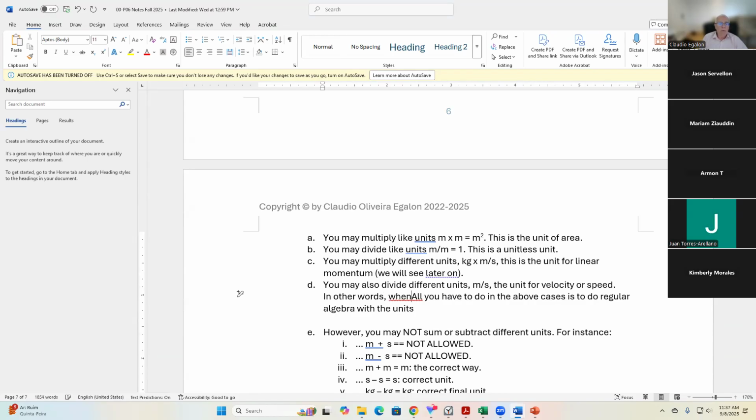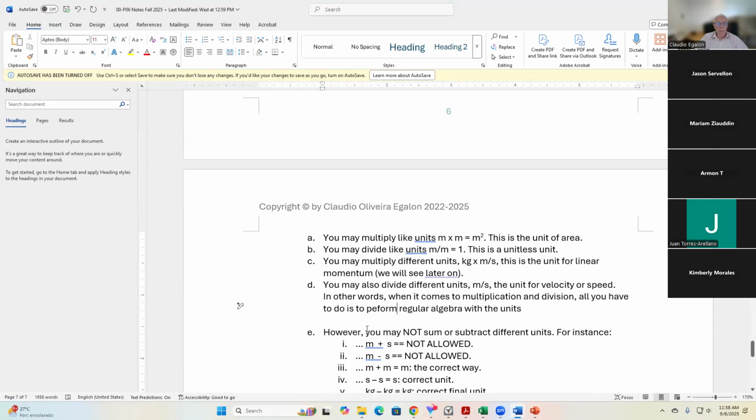When it comes to multiplication and division, all you have to do is to perform regular algebra with the units.